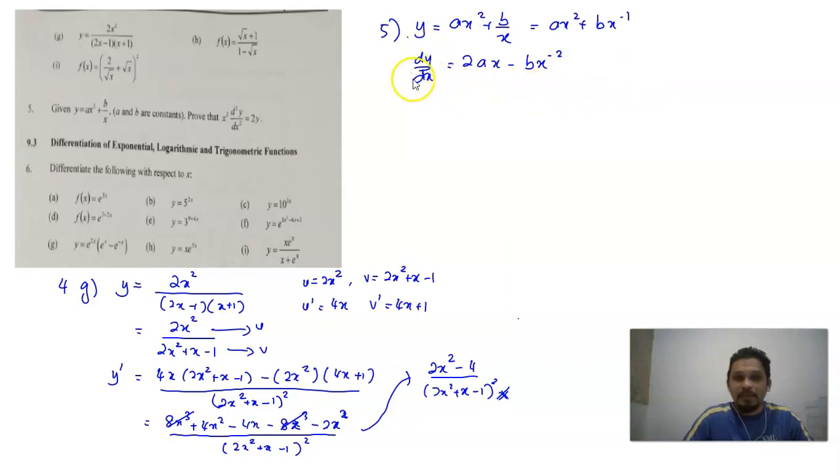Then next, differentiate the dy dx, so then we come up with second derivative of y with respect to x. Again, differentiate this, then come up with 2a, negative 2 times negative, positive 2bx power of negative 3. And then 2a plus 2b divided by x cubed.